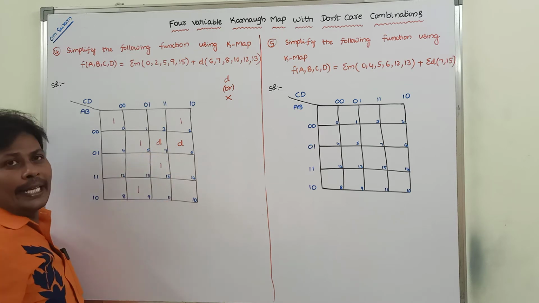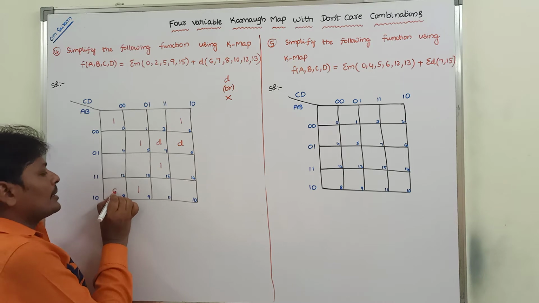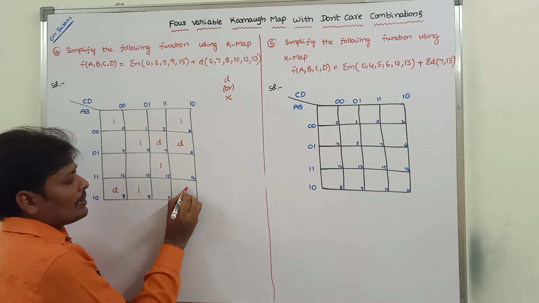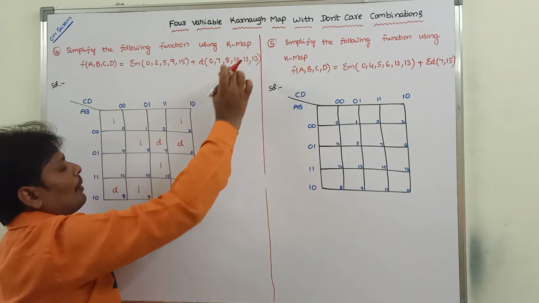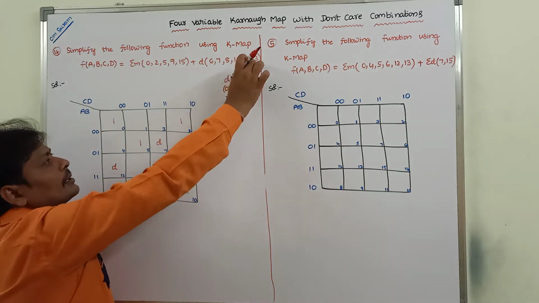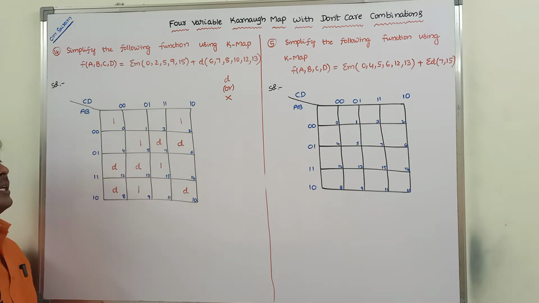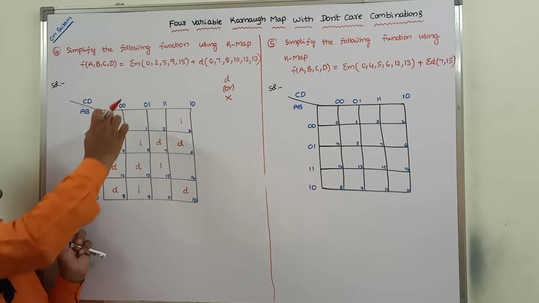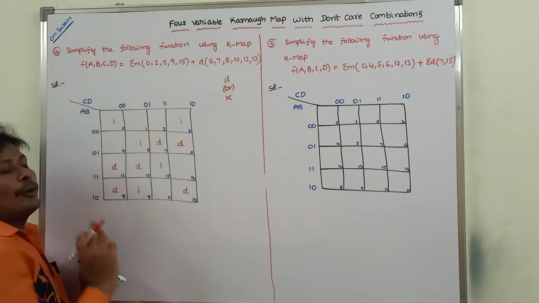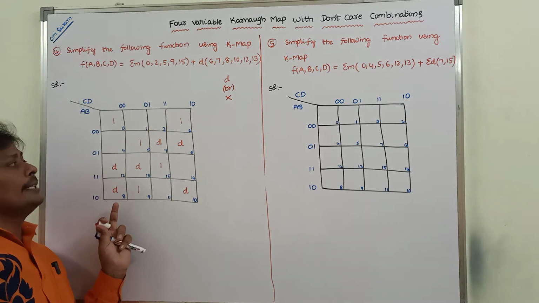I am inserting D. Next 8, the corresponding cell is this one. I am inserting D. Next 10, the corresponding cell is this one. I am inserting D. Next 12, the corresponding cell is this one. I am inserting D. 13, the corresponding cell is this one. I am inserting D. Okay. So once we have inserted all the minterms by digit 1, all the don't cares are denoted by small d. Now we have to simplify this.